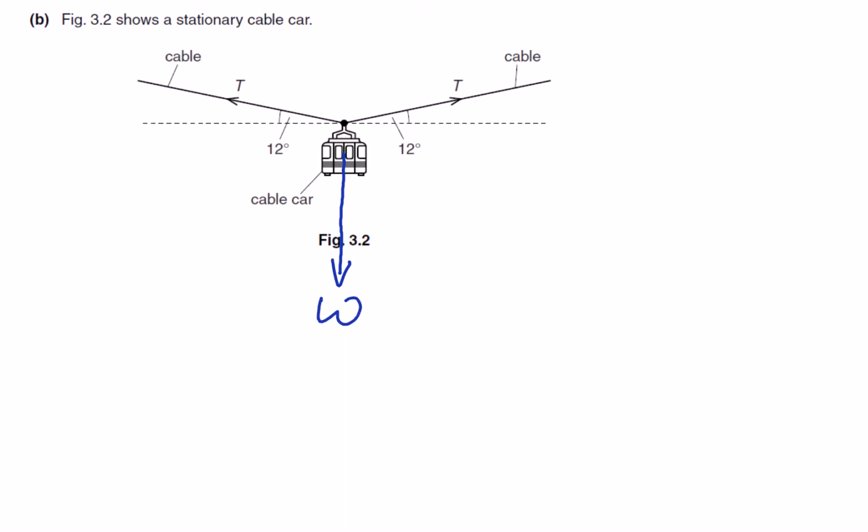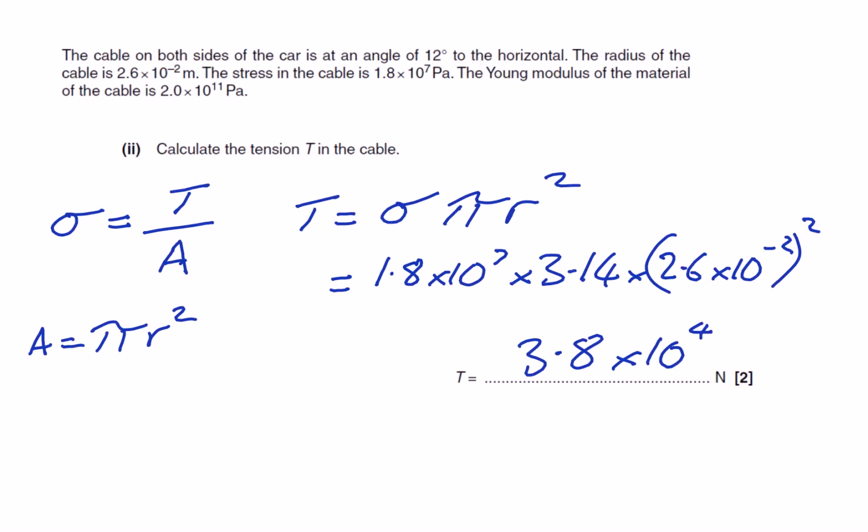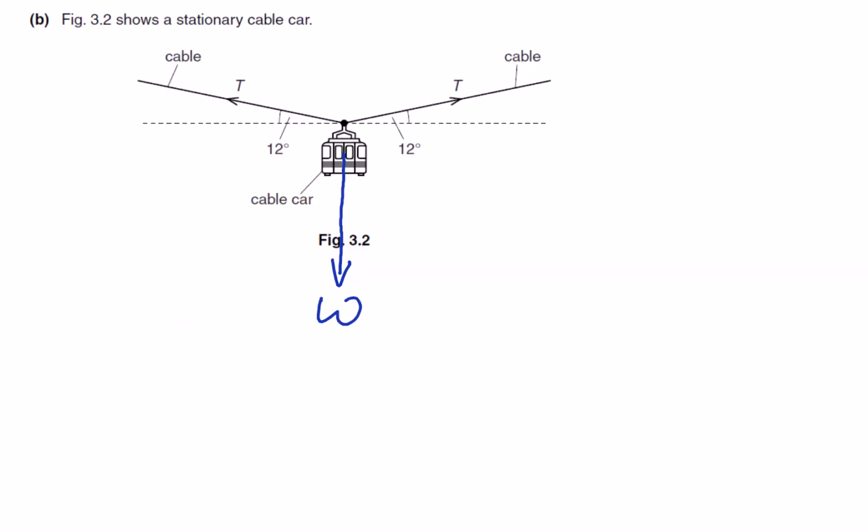Label that W, and we know that this is in equilibrium and it's a stationary thing, and from our previous answer we know that the tension is 3.8 times 10 to the 4 newtons, so we've got 3.8 times 10 to the 4 newtons pulling in that direction at an angle of 12 degrees, and we've also got 3.8 times 10 to the 4 newtons pulling at an angle of 12 degrees in that direction.